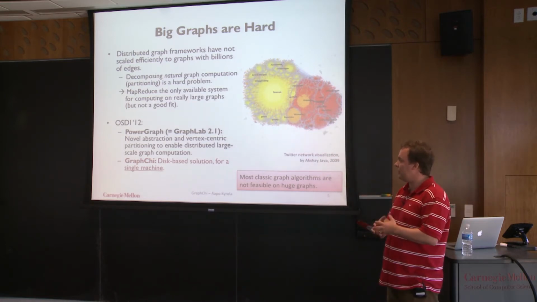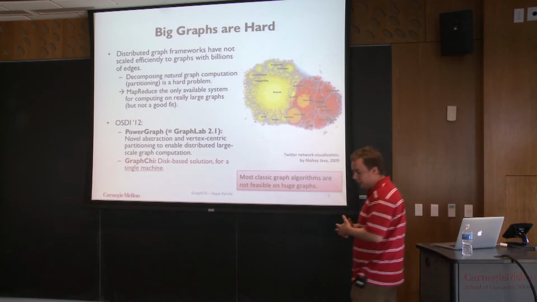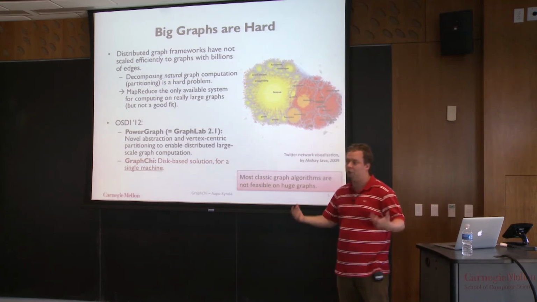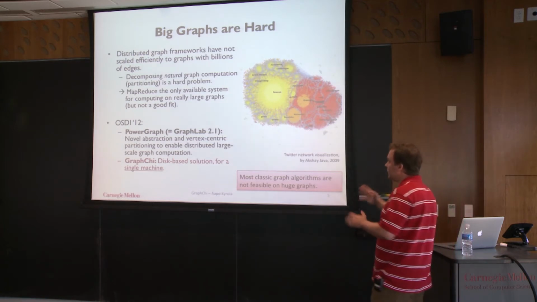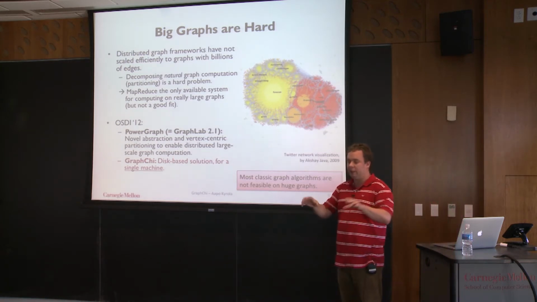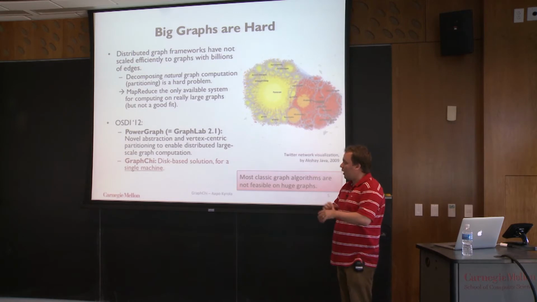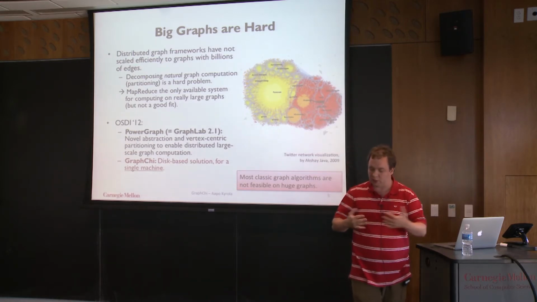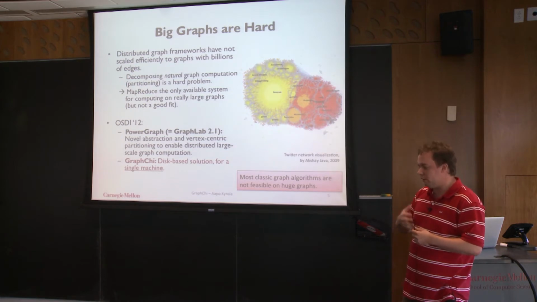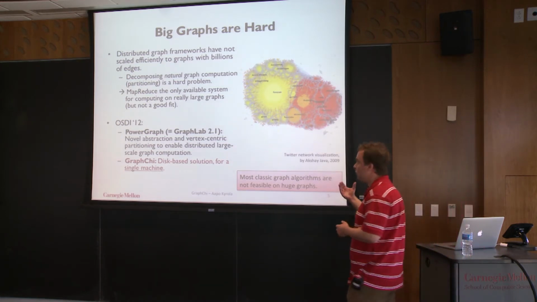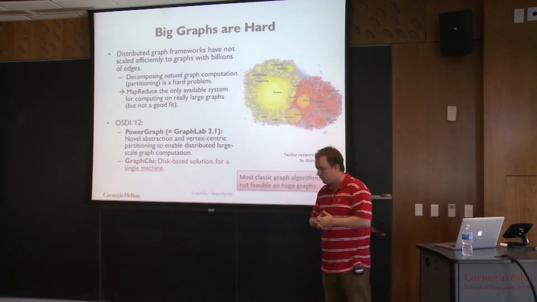For example, in Facebook or Twitter, you have Lady Gaga or Justin Bieber who have millions of followers, but most of us have only a few. That makes decomposing the problem into equal-sized parts with only a little communication between them really hard. And so building efficient distributed systems for computing on graphs has proven to be really hard.